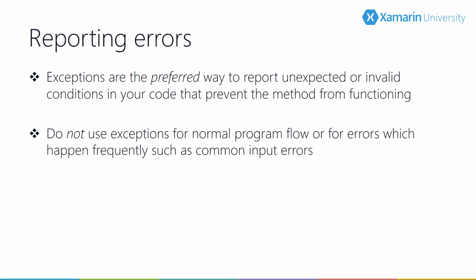So let's talk about some rules. You should throw exceptions only when an unexpected or invalid activity occurs that prevents a method from completing its normal function. Exception handling should not be used for normal program flow instead of conditional processing.